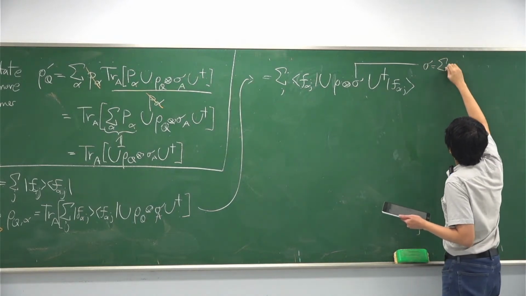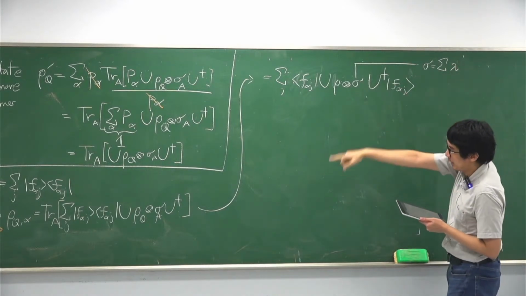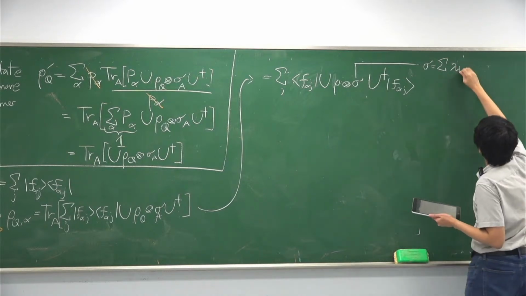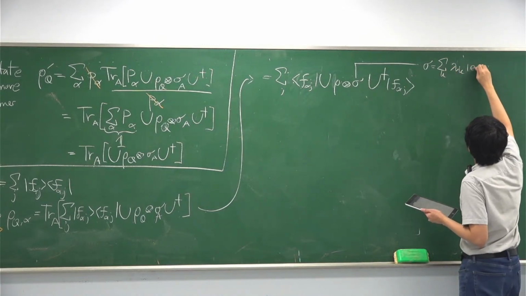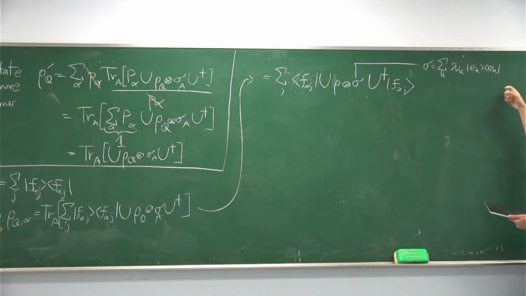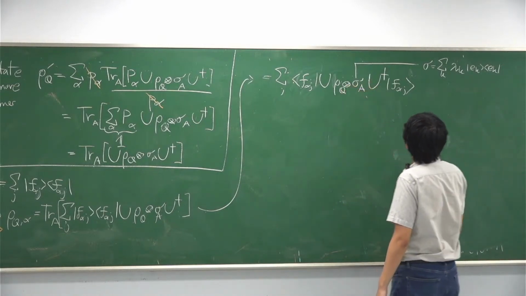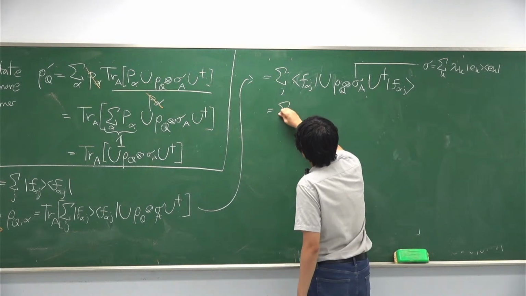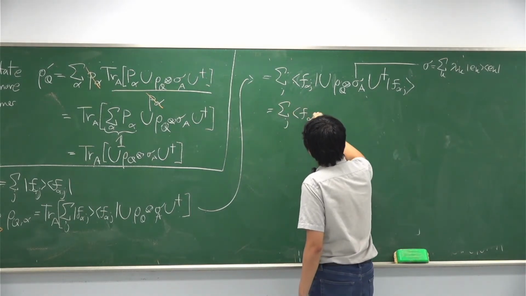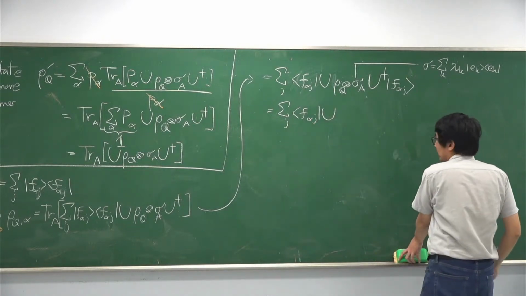So let's say that this is lambda. I already used J there, I haven't used K. Some basis, well, not some basis, this is the eigenbasis of the density operator of the ancilla, right? So now if I do that, I can write this guy like this.